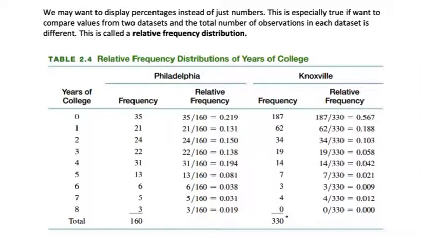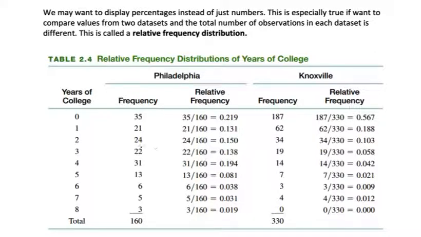And that makes it hard to compare the actual numbers. So instead, we want to compare the percents. So we divide each frequency by the total number. So in Philadelphia, we're dividing frequency by 160. For Knoxville, we're dividing the frequency by 330. And that gives us a percentage, and we can more easily compare it.